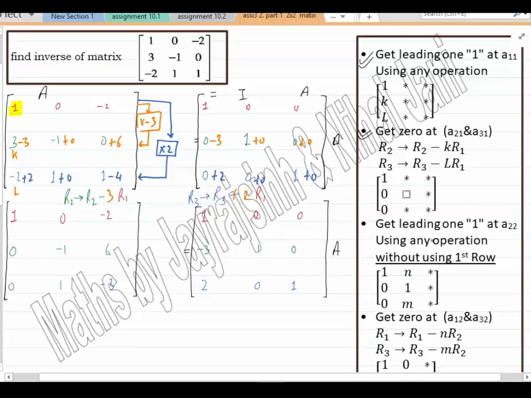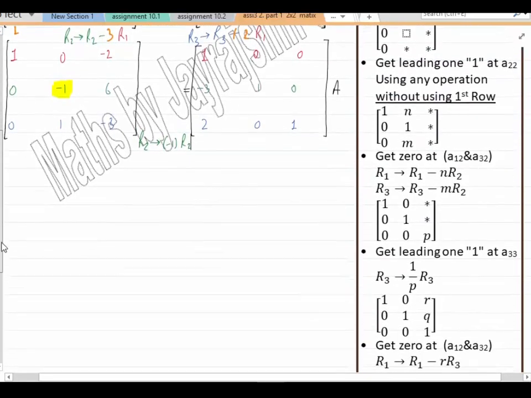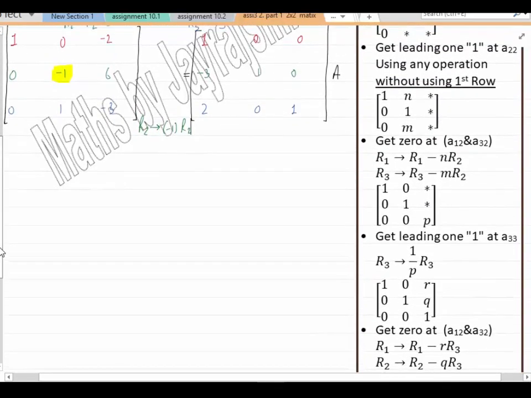Now we need to get the leading one at A22, and that can be achieved by multiplying minus 1 to the second row. So our operation must be R2 gives minus 1 R2, right? And our first and third row will be as it is in this process.